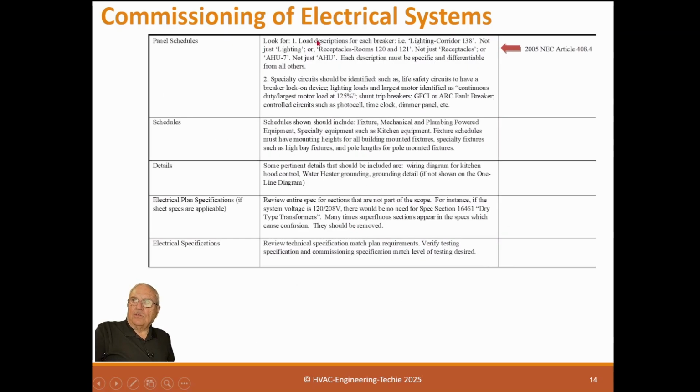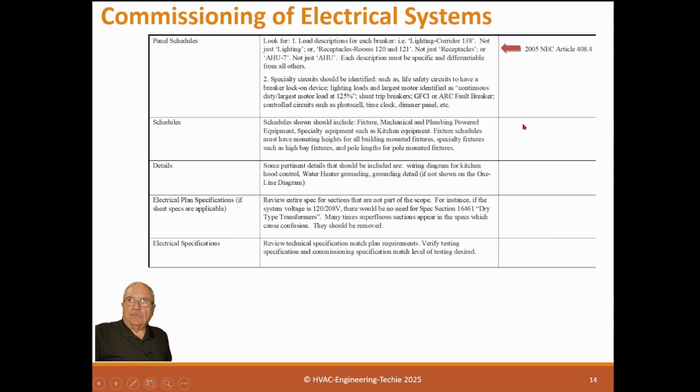Panel schedules: look for a load description for each breaker. When the designer does a panel load sheet, he will list all the circuits. The IDs on those circuits need to be accurate, telling exactly what piece of equipment each breaker is for and what current those breakers have.